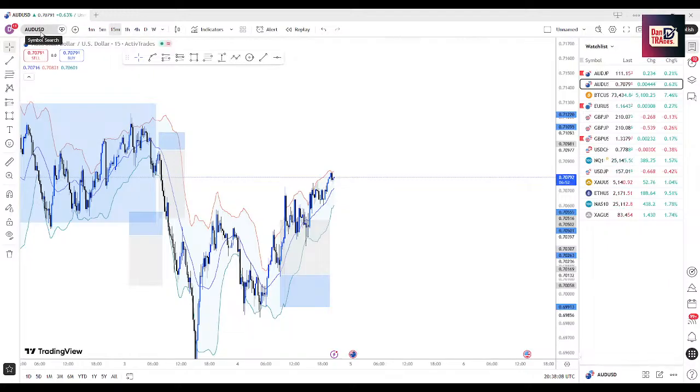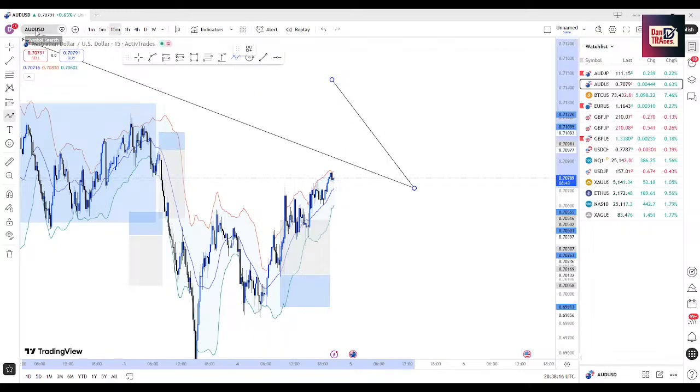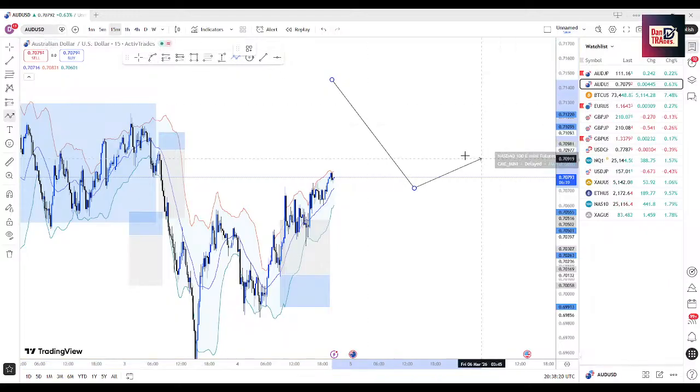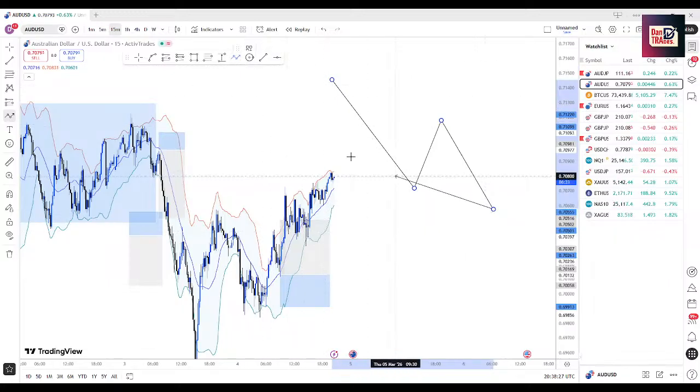USD is strong, so AUD/USD is going to fall. Anytime the currency is the quote, if it becomes stronger, price is going to move in a downward direction. It's as simple as that.